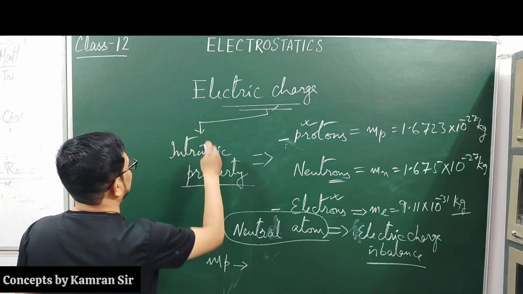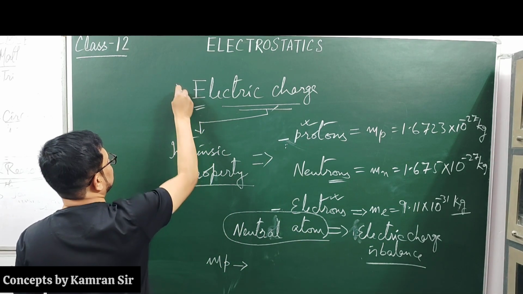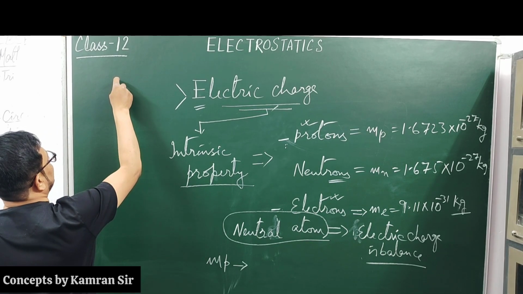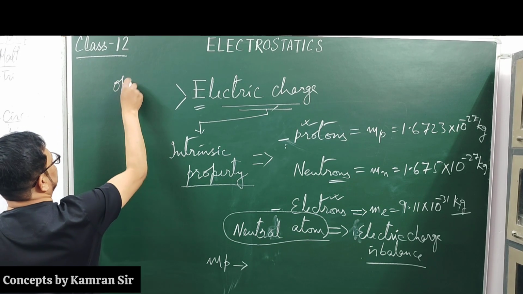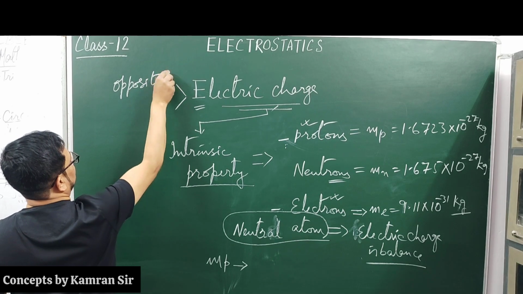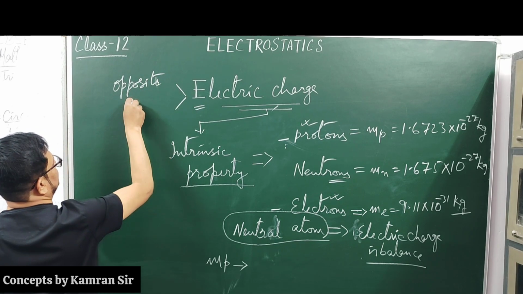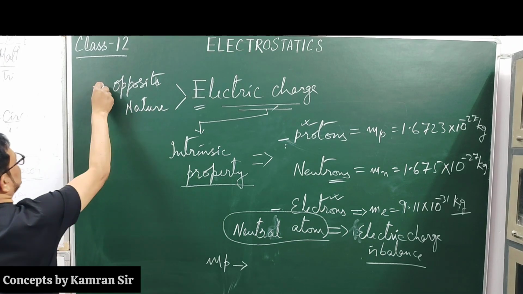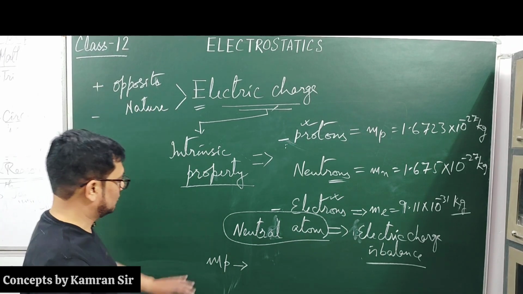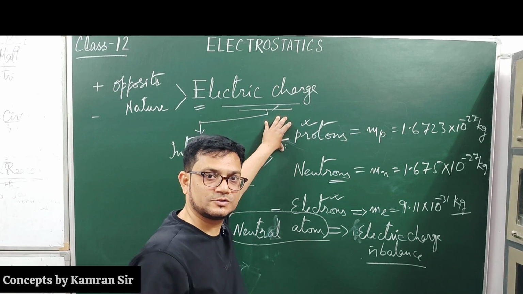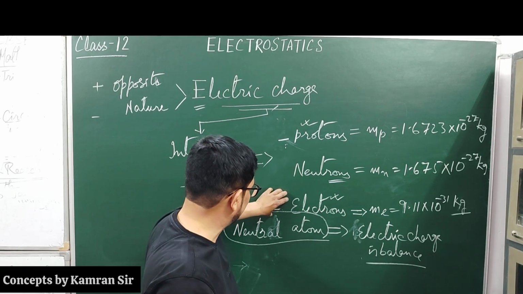However, this property, electric charge, has this characteristic that it is found to be available in opposite nature. To understand, we say one is positive, one is negative. By convention, protons are taken to be positive and electrons to be negative.